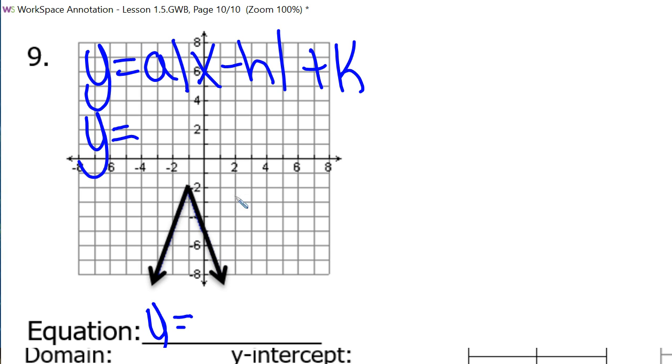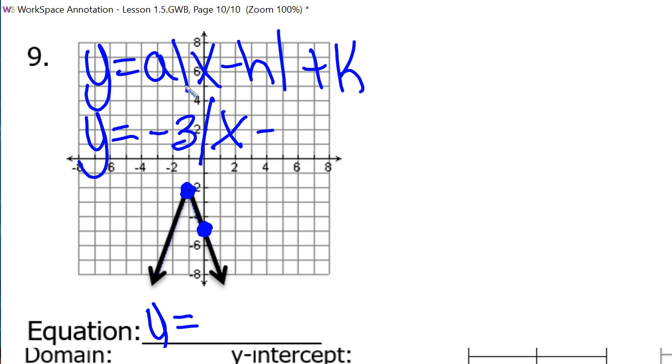Find the A value. So pick 2 points. Here's a point. Here's a point. So we're going down 3 over 1. So what's the A value? -3. Absolute value. X. H is horizontal. Did it move left or right? Yes. It moved left 1. So how do I show on the inside that it moved left 1?